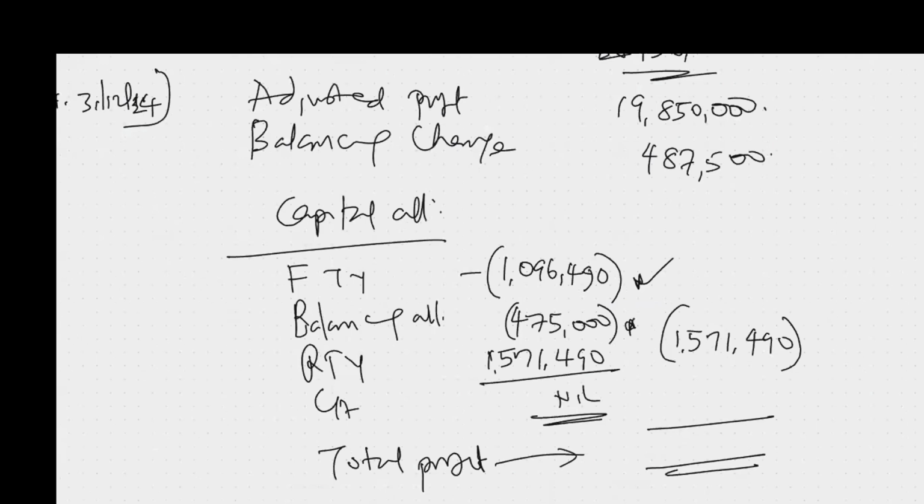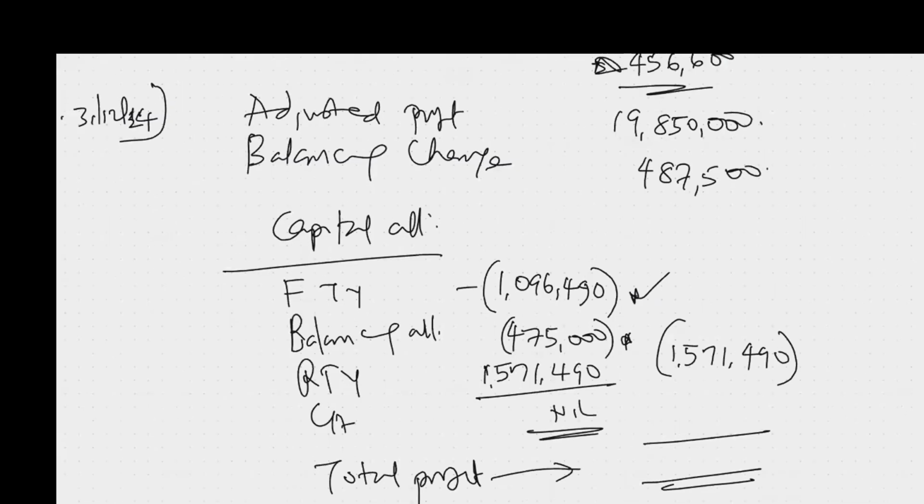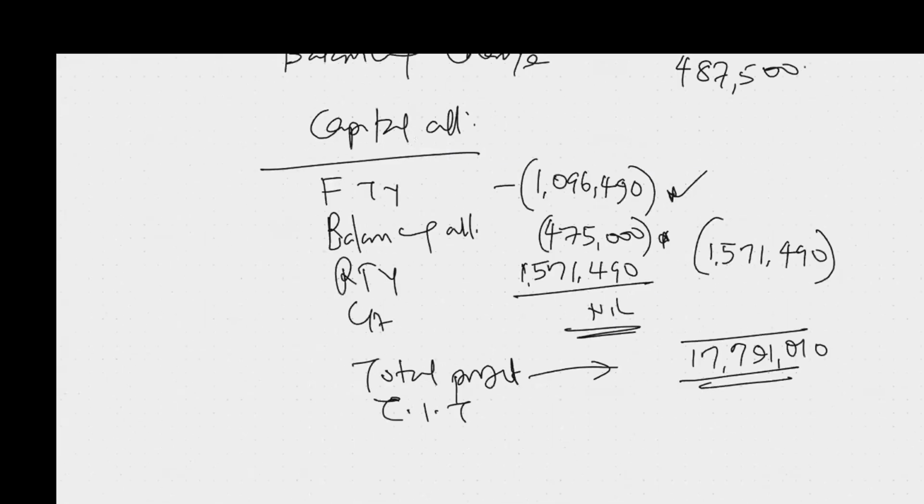What do you have? Okay, I have 17 million, 791,010. 30% of that: 5,337,303.